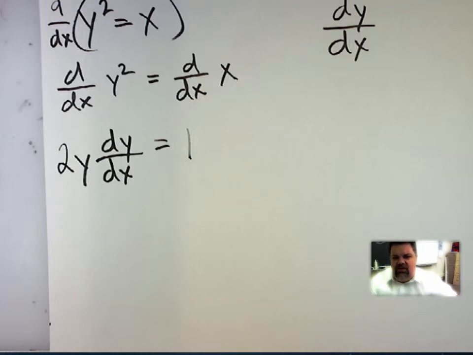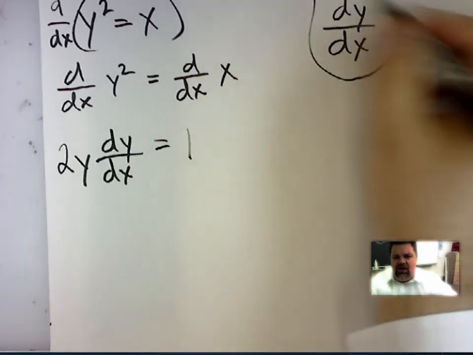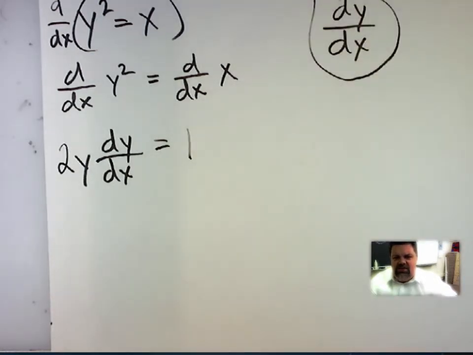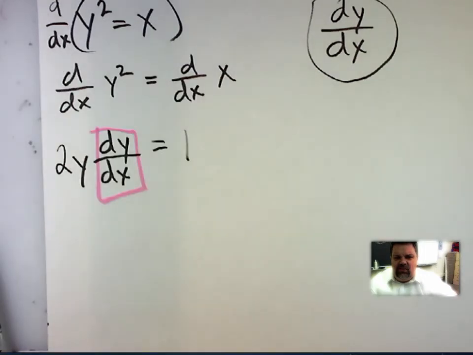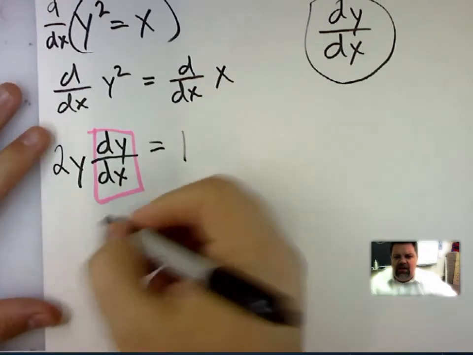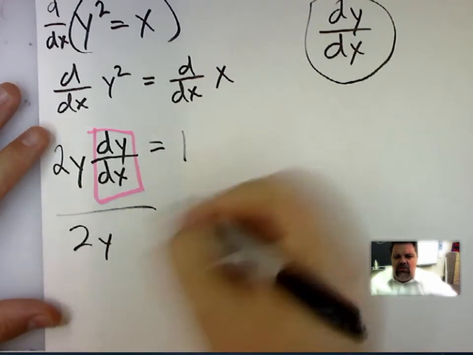And then I have an equation here, 2y dy dx is equal to 1. Well, if I'm solving for dy dx, it seems to me that algebraically I just need to divide both sides by 2y.